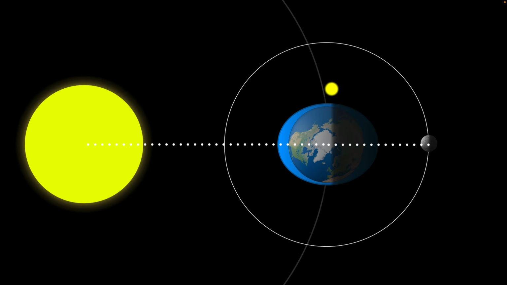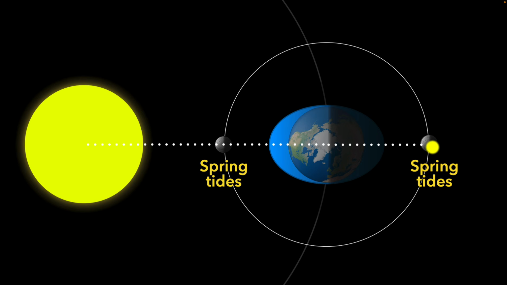They both squeeze from here, increasing the tidal bulge, making high tides higher and low tides lower. We call this a spring tide. And this doesn't have anything to do with spring season, by the way. The word spring here means tides are springing forth, stretching farther than usual. This happens twice a month, once during the full moon and once during the new moon.